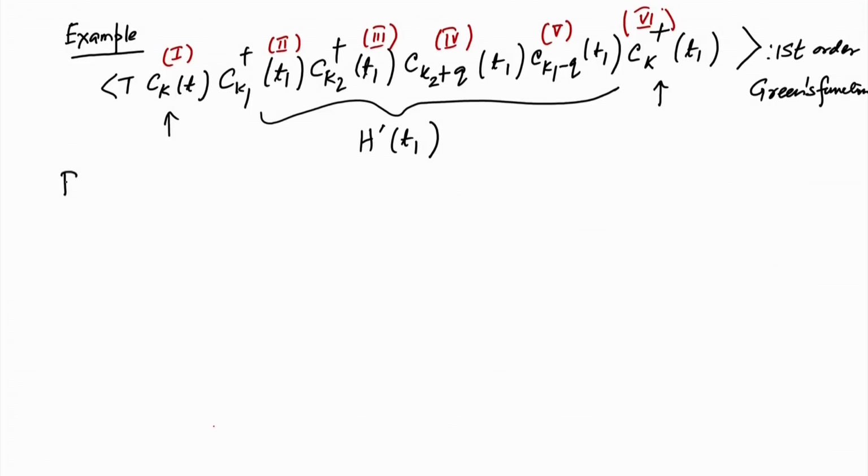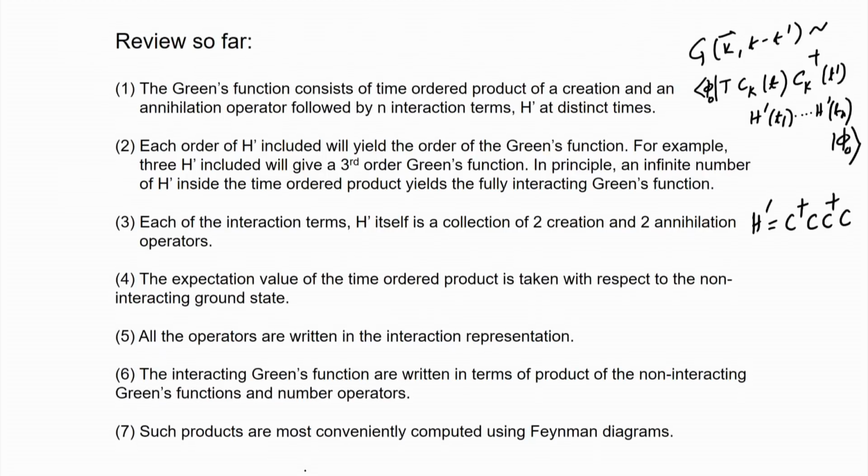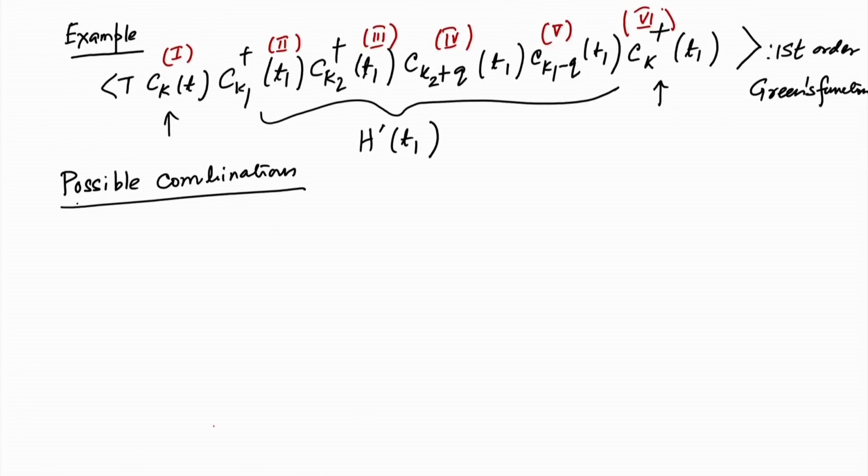So, possible combinations. The first is 1, 2, 3, 4 and 5, 6.